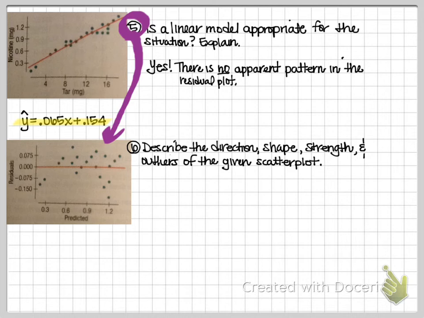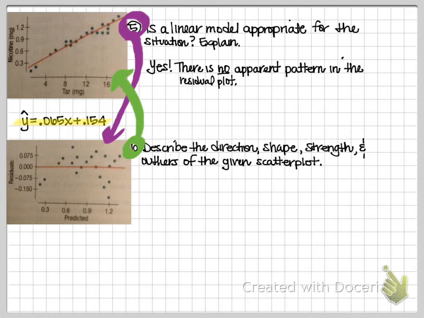The next one has to do specifically with describing the direction, shape, strength, and possible outliers of the scatter plot. So I'm talking about the scatter plot here, which means I am going to take a look at this graph.